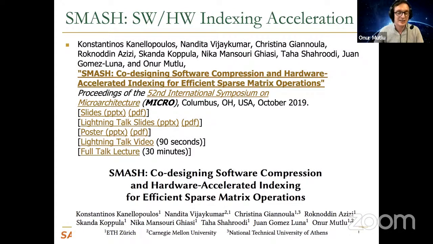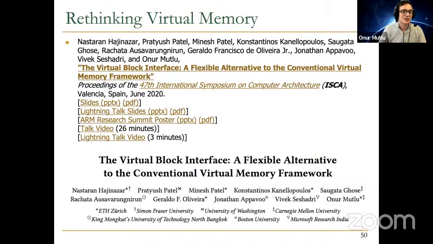Similar things you can do by co-designing software compression and hardware acceleration mechanisms for compression so that you can improve sparse matrix vector multiplication, as done in this paper. And you can also do even more forward-looking things, where you rethink the complete virtual memory interface by providing more information about the software aspects of virtual memory and having a better interface, and doing more things with that information inside the hardware, such that you can overcome some of the bottlenecks in virtual memory.